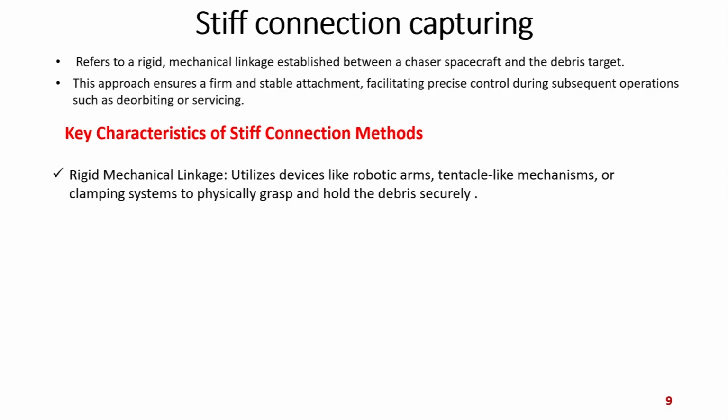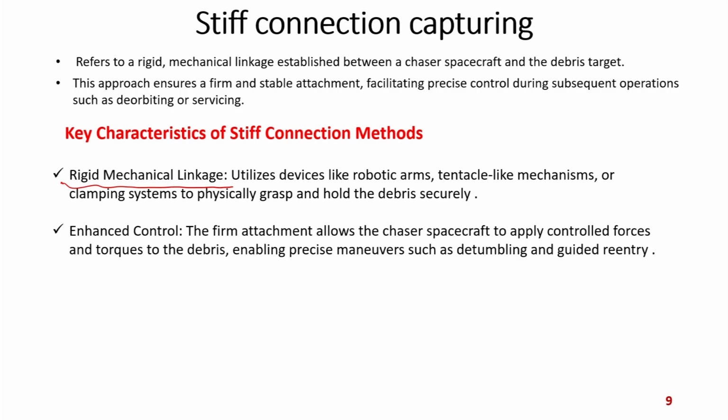First is the rigid mechanical linkage: it utilizes devices like robotic arms, tentacle-like mechanisms or clamping systems to physically grasp and hold the debris securely. The second is enhanced control. The firm attachment allows the chaser spacecraft to apply controlled forces and torques to the debris, which enables precise maneuvers such as detumbling or guided re-entry.